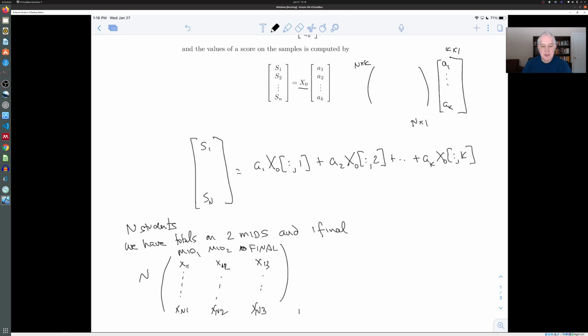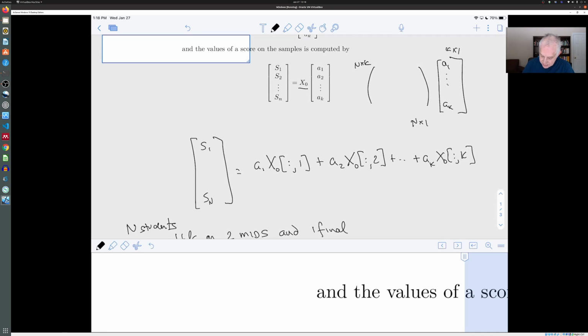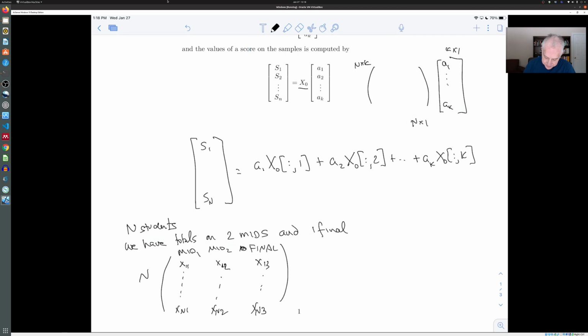Now, your score in the class, according to the syllabus for the sake of argument, is, let's suppose that the midterms count 30% each, and the final counts 40%. Then the weights that we're interested in are 0.3, 0.3, and 0.4.